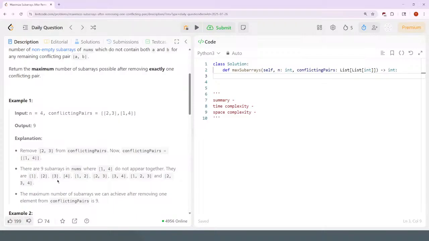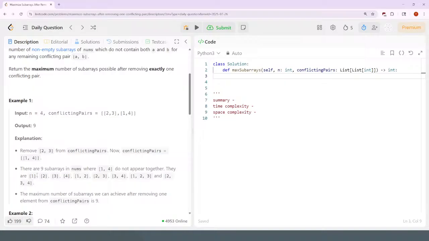Those being [1], [2], [3], [4], [1, 2], [2, 3], [3, 4], [1, 2, 3], [2, 3, 4]. So if you have 4 elements, the number of subarrays that you can form would be 4 plus 3 plus 2 plus 1.